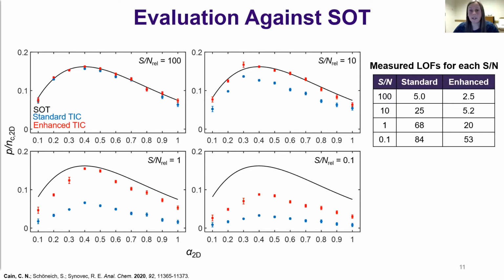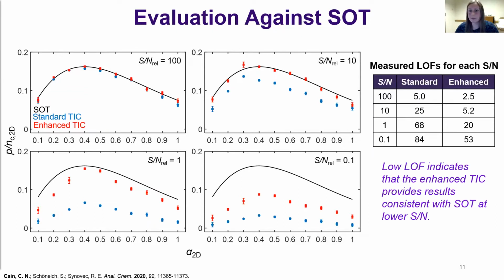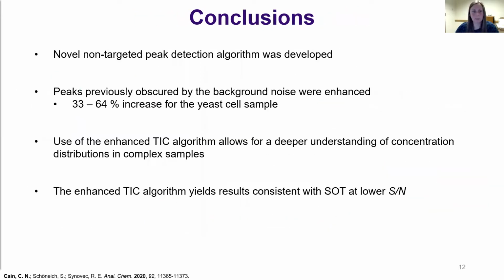And then at a signal to noise ratio of 1 and 0.1, that is where both start to deviate as well. So the low lack of fits at lower signal to noise ratios ultimately indicates that the enhanced tick provides results that are consistent with predictions made by statistical overlap theory.